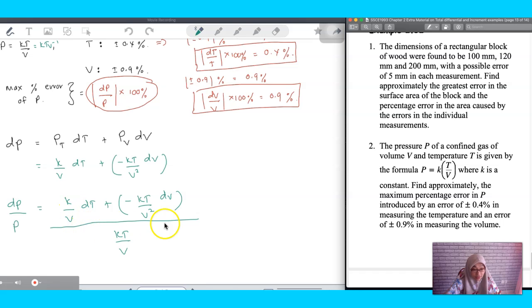K over V divided by KT over V. So now I want you to simplify this expression into only 2 layers.